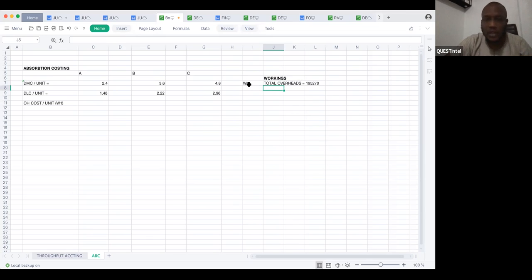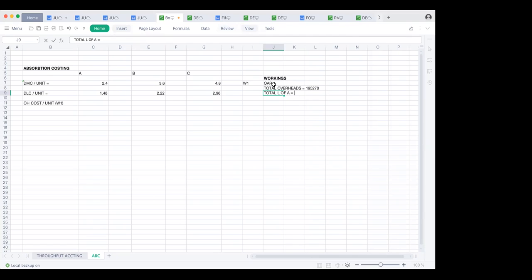Okay, so let's know what we're doing. Work one, we should call this our overhead absorption rate. So our total overhead is this. Then our total level of activity, what did they say we should use as our level of activity? Labor hours, yes.